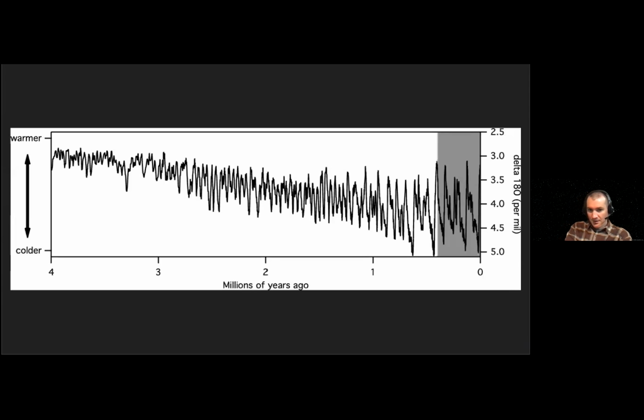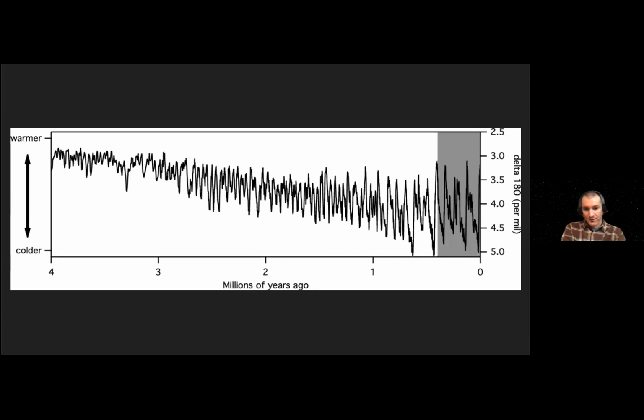But there is some amount of repetition, and we can see that rapid increases in temperature followed by relatively rapid decreases in temperature have been the norm throughout Earth's history. Again, this is largely from ocean sediment cores relying on oxygen isotopes for estimating the temperature.